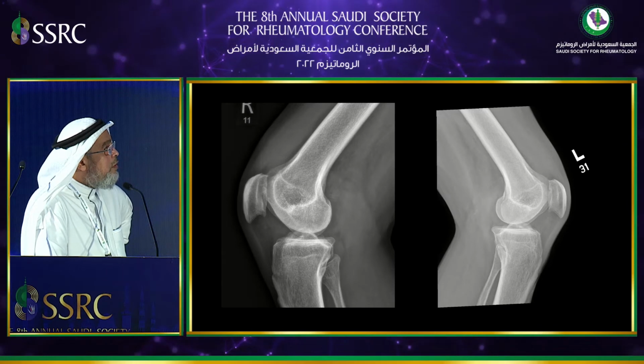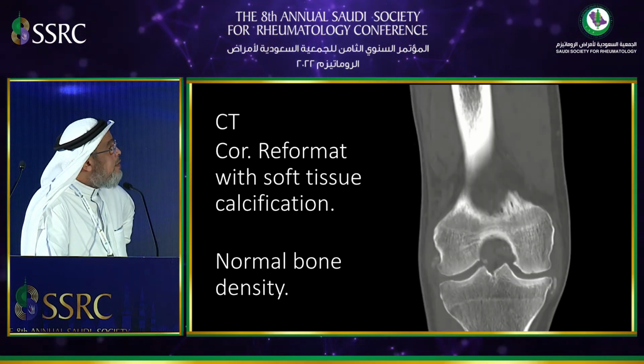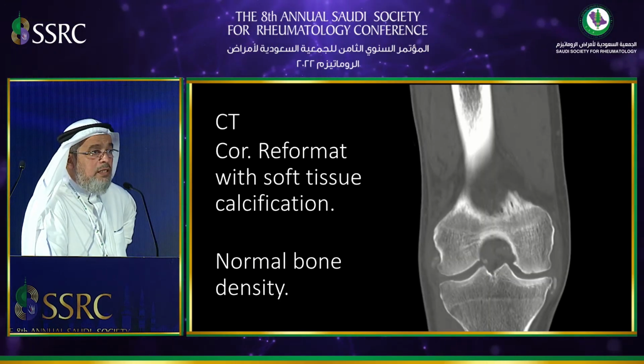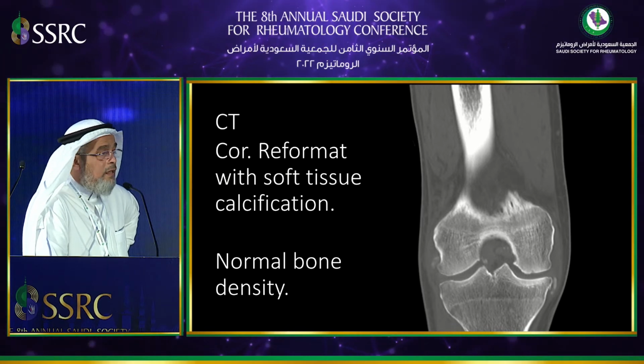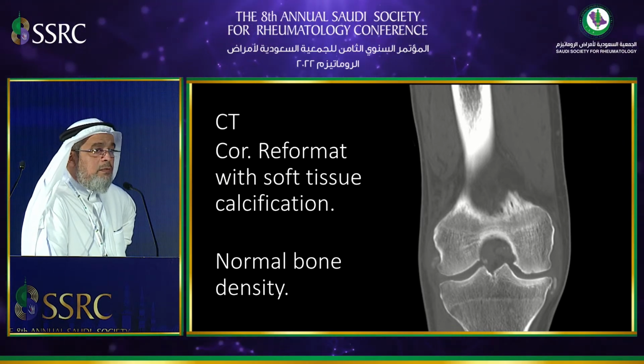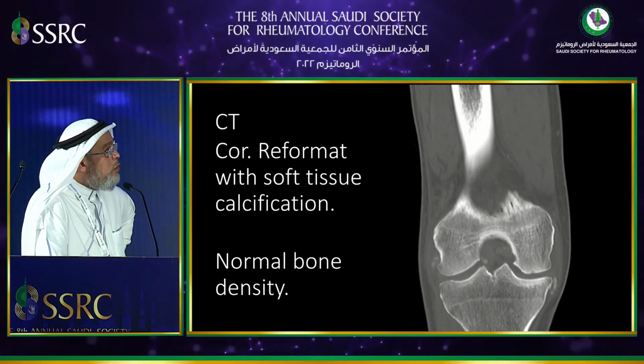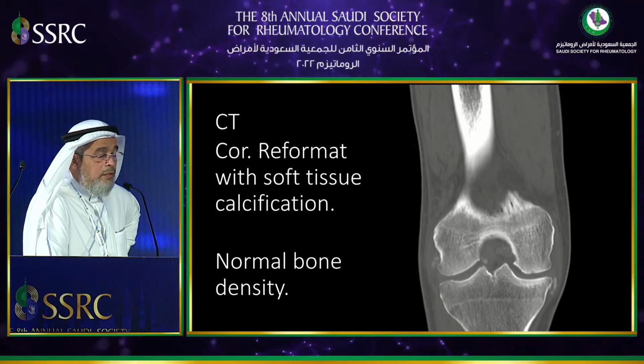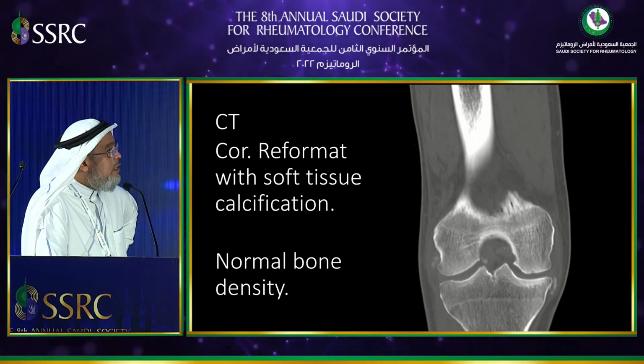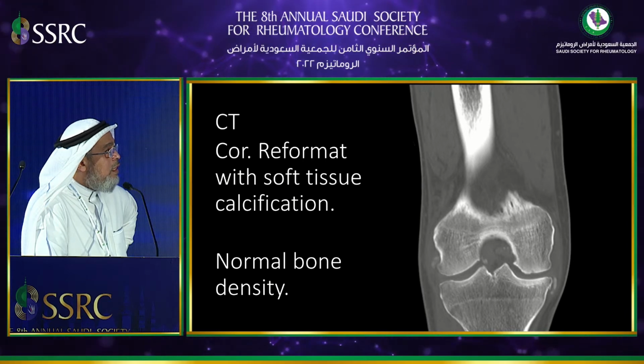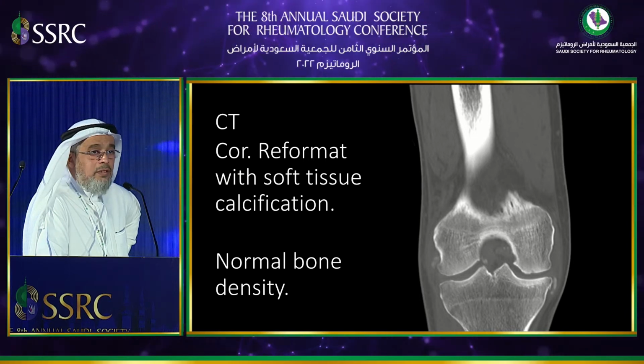We have special techniques nowadays. What we are really doing at the CT scan is dual energy for the calcium deposition or monosodium urate crystal deposition. And what you really see is these fluffy calcifications within and around the knee joint.